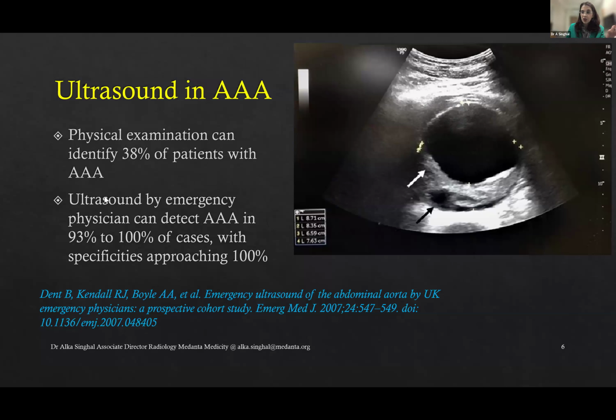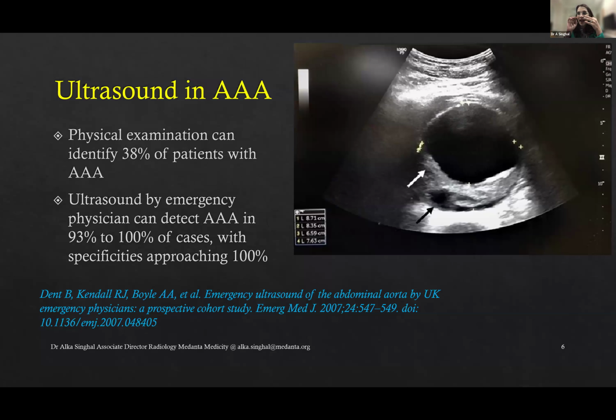Ultrasound by emergency physicians or by routine abdominal scan can detect it in 93 to 100% of cases with specificities approaching 100%. Now, how many of us are actually evaluating the abdominal aorta right from the diaphragm height, the T12 level, down to its bifurcation in each and every patient?